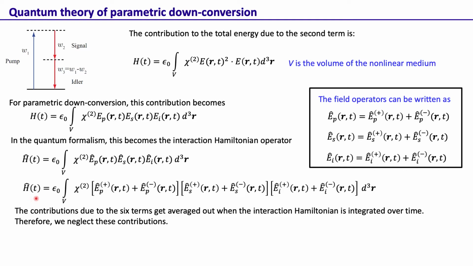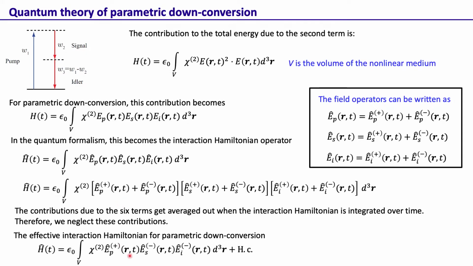So when we are calculating the state, that will involve integrating this Hamiltonian over some interaction time, and at that point the contribution due to 6 of these terms will actually become 0. So we are just neglecting those contributions here itself. What we are effectively left with are just 2 terms. The first one is EP plus, ES minus, EI minus, and this Hermitian conjugate. So that is the effective interaction Hamiltonian for parametric down conversion.